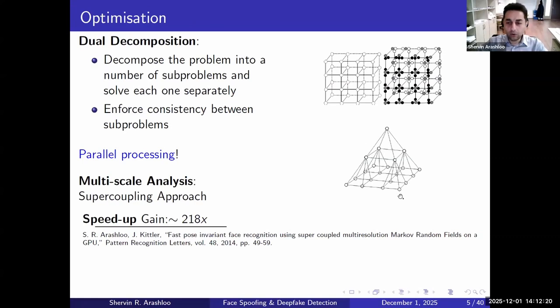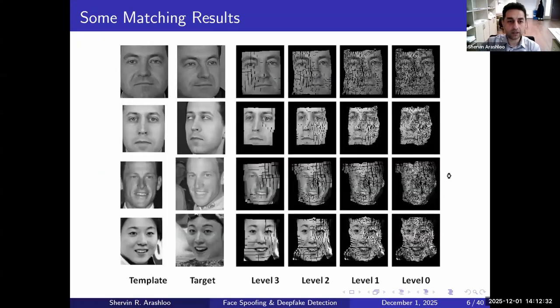So all in all, these two, multi-resolution method and parallel processing, gave us more than 200 times speed up in image matching. So to give you a sense of what this method can do, in the leftmost column, these are our reference images. Assume this second column from the left as our test images, and our goal is to find one pixel from the left image in the right image that it is most similar to.